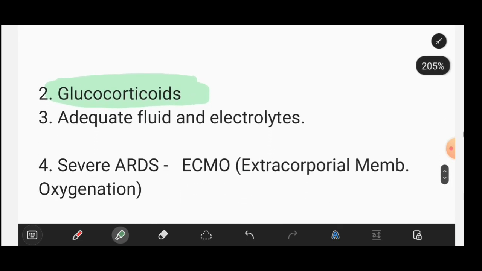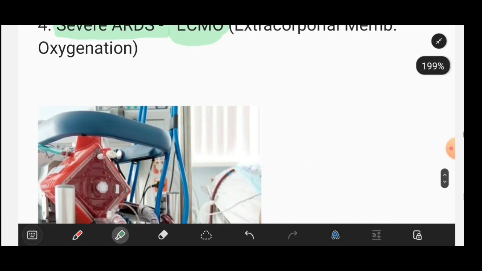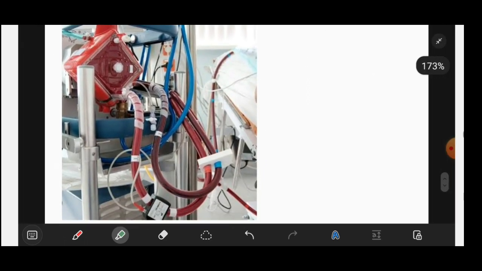Now coming to the severe ARDS treatment. For severe ARDS, in which the ratio of partial pressure of oxygen to FiO2 is less than 100, we can go for ECMO. So guys, ECMO is also a very important question. ECMO full form is extracorporeal membrane oxygenation. In this technique, you can see it here in the image.